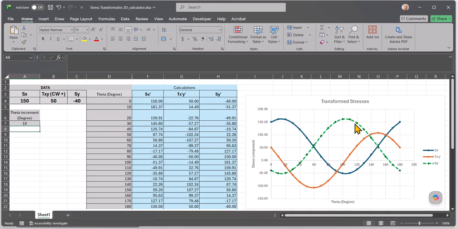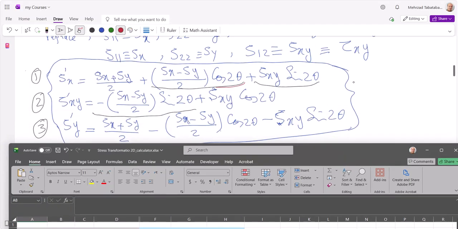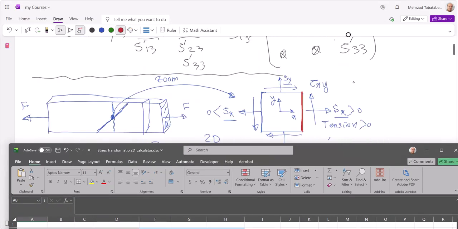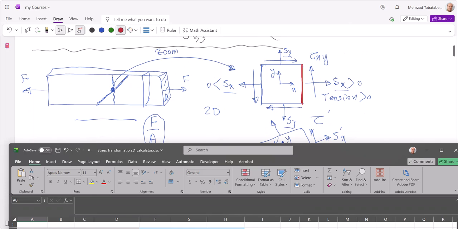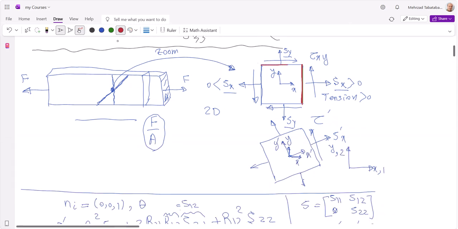And this is the stress on the surface perpendicular to what we take as a reference, on this surface. Maybe I shouldn't change the color here. This surface. Okay.